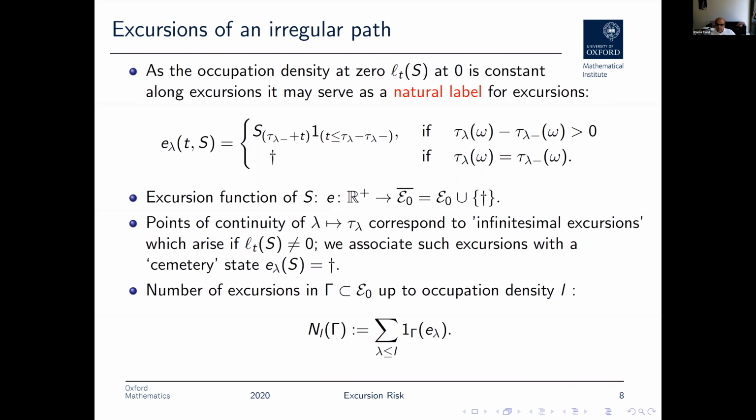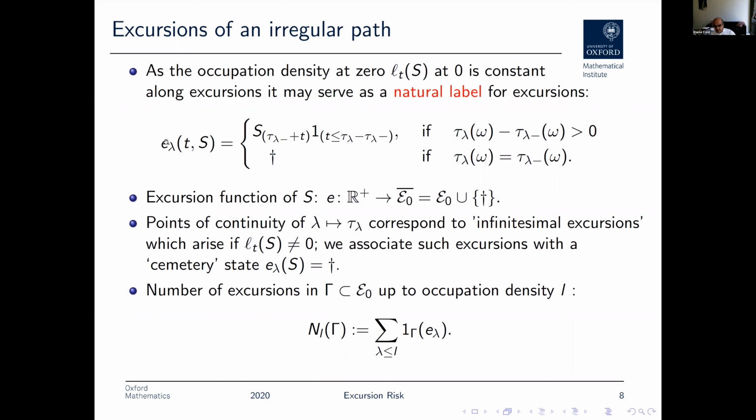Okay, so as we said, along each excursion from 0 to 0, the occupation density is constant. So each excursion can be associated with a level of occupation density, lambda, let's say.